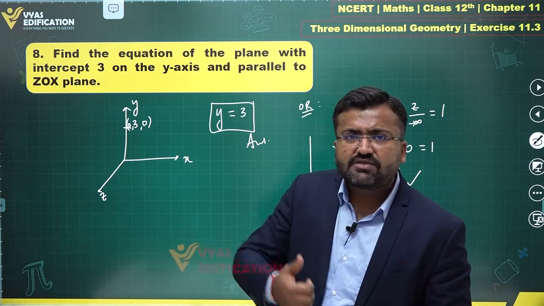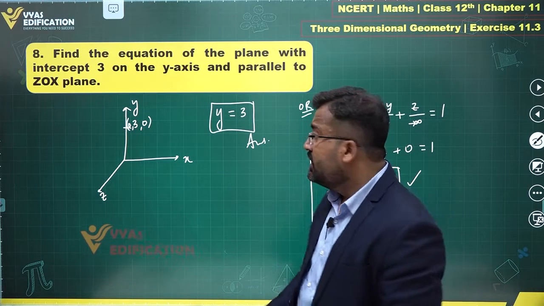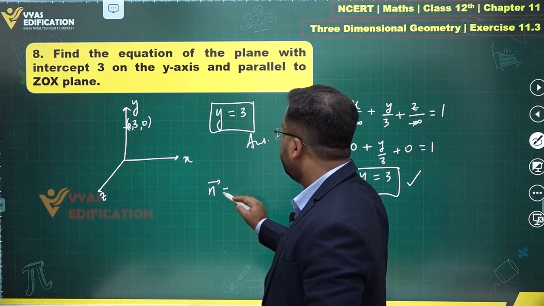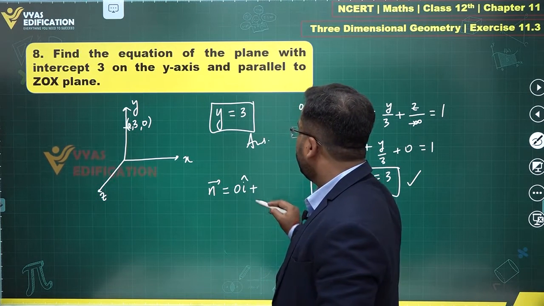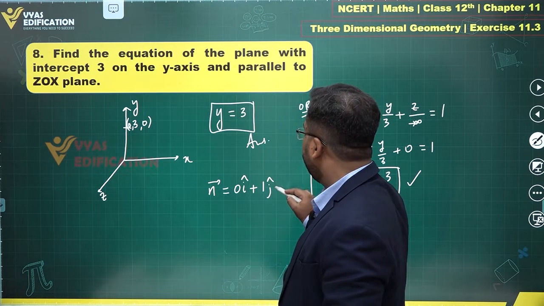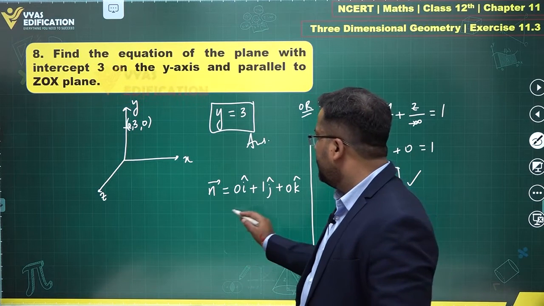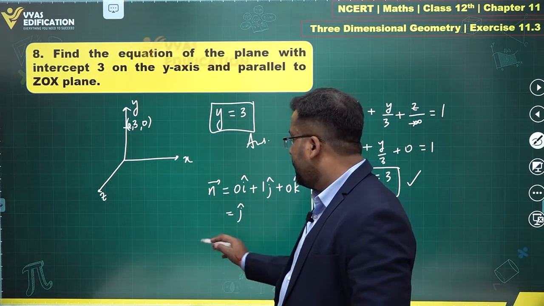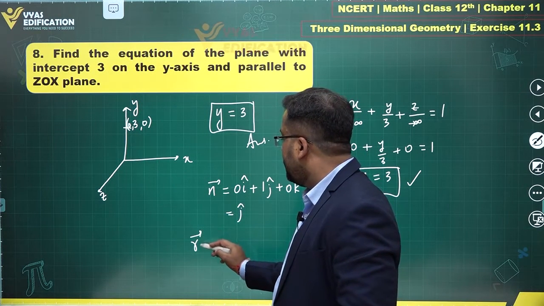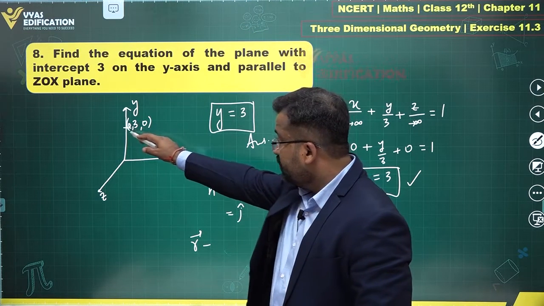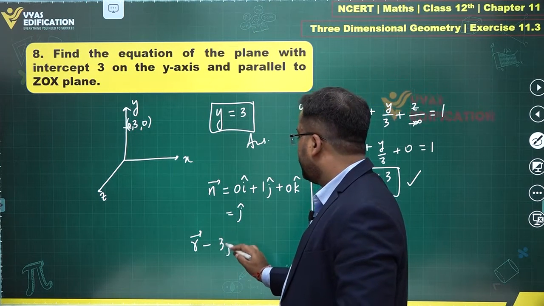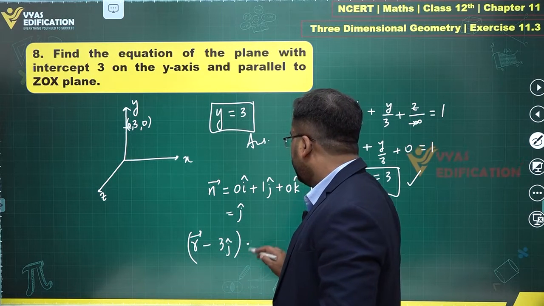Any vector along the y-axis will have just the j component. So the normal vector will be 0 i cap plus 1 j cap plus 0 k cap. You could have taken any multiple of j cap as well, but this is simply j cap. And r vector minus 0 i cap, 3 j cap, dot with j cap.